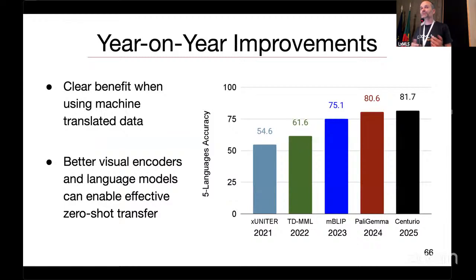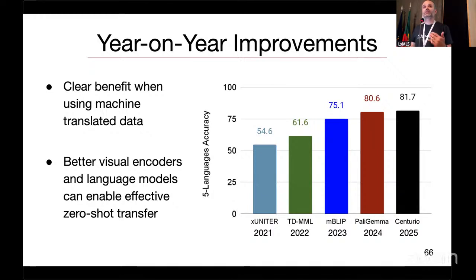And if we look at the MaRVL dataset as an example through time, we've seen steady improvements on zero-shot performance in this task, going from 54.5% back in 2021, all the way up to 81.7% as of the ACL conference on Sunday, this coming Sunday.